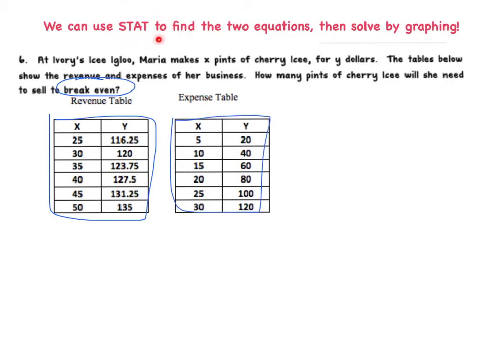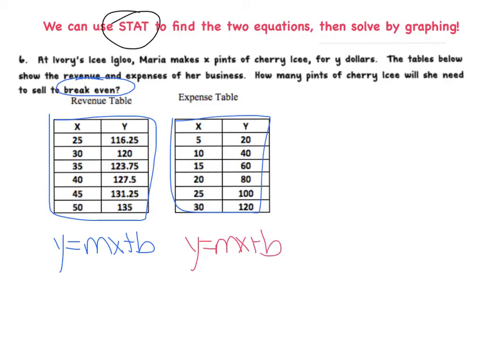Now, hopefully we remember that whenever you have a table, we can actually use our calculator by using stat to find out what the equations are. Remember, stat gives us y equals mx plus b. So we're going to do this problem in class because we're going to use our calculator with stat to figure out what the two equations are.